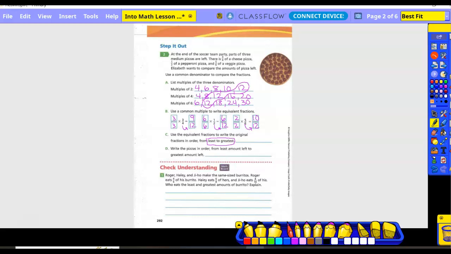But what's the original fraction? 1/2, right? Then is 9/12 or 10/12 smaller? 9/12, but our original fraction was what? 3/4. And then what was our original fraction for 10/12? 5/6.